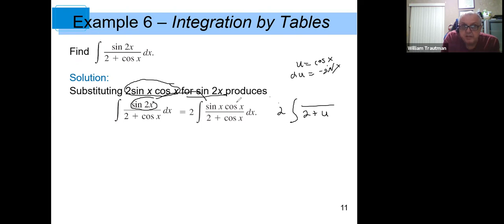And then there's also cosine x on top, so there's a u on top. And then there's a du. Since the du needs a negative sine x, I put a negative here and a negative here. So this is what I'm looking for on a formula sheet somewhere.